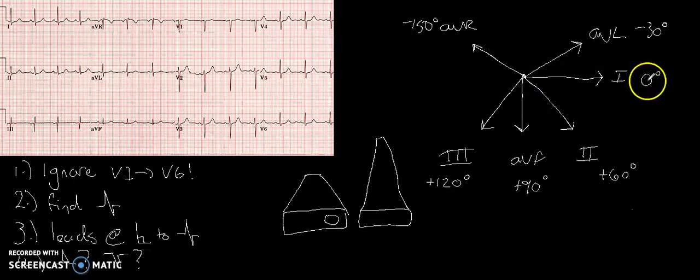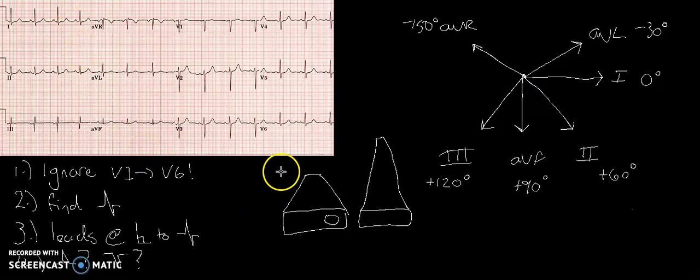If you're standing with a telescope looking at lead 1 and the electrical vector is coming towards you, it's going to be getting bigger, and that will be shown with a positive QRS complex. Okay? If the wave of depolarization is going away from lead 1, then that'll be shown with a negative QRS complex.